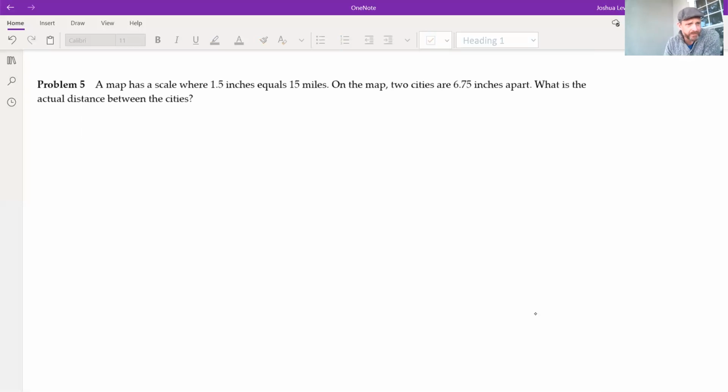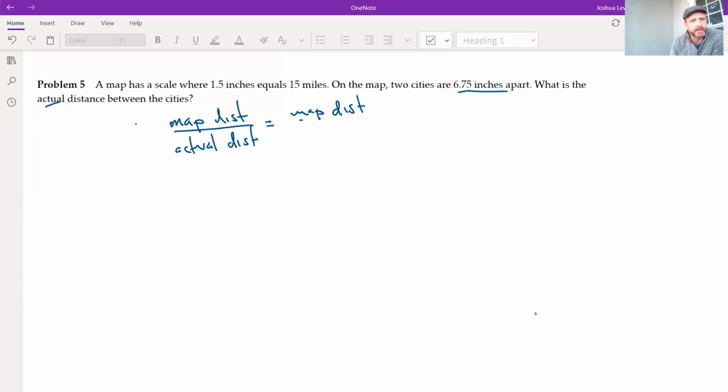A map has a scale where 1.5 inches equals 15 miles. On the map, two cities are 6.75 inches apart. What is the actual distance between the cities? And so here we have a choice to make, right? Because we've got map distance and we've got actual distance. So I'm going to do map distance over actual distance, which means both of my ratios are going to have a numerator from the map and a denominator from actual distance.